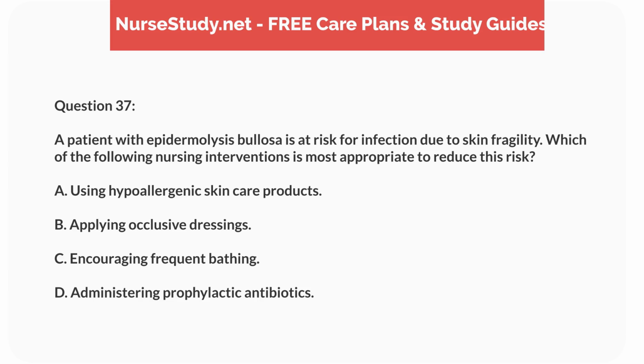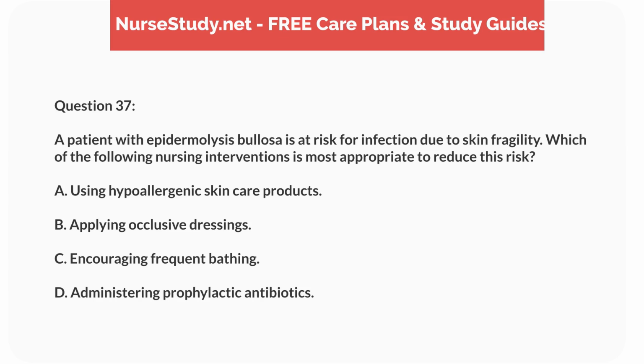Question 37. A patient with epidermolysis bullosa is at risk for infection due to skin fragility. Which of the following nursing interventions is most appropriate to reduce this risk? A. Using hypoallergenic skincare products. B. Applying occlusive dressings.